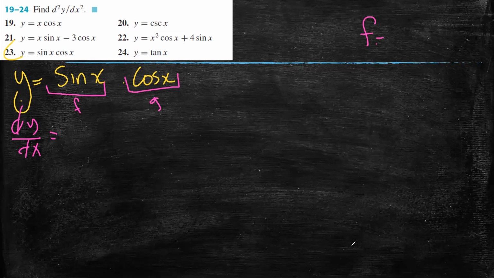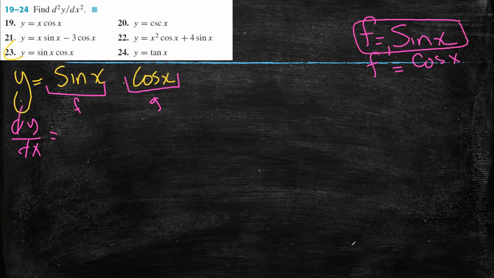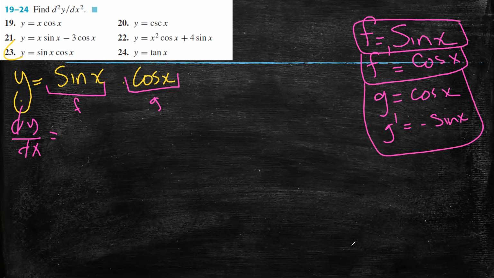So f is sine x, f prime, what is the derivative of sine? It is cosine. So I have now f prime; g is cosine x, so g prime is negative sine. So after I wrote them, let's now find the derivative.